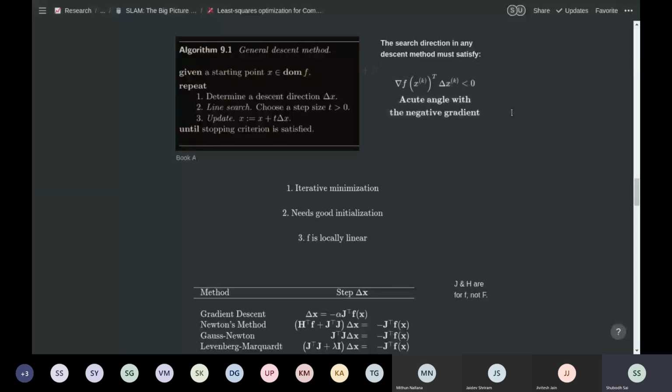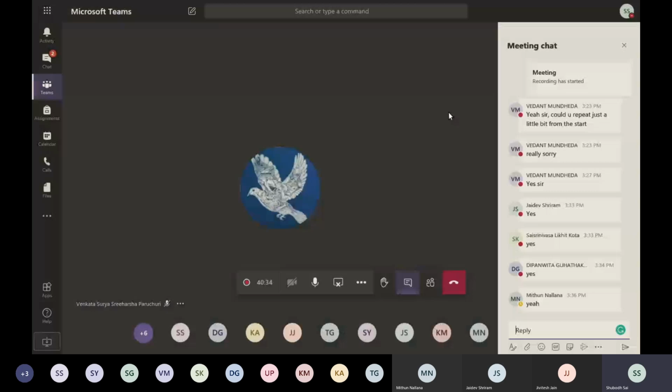Geometrically, this means you want to make an acute angle with the negative gradient. As long as you make an acute angle with the negative gradient, you will go in a descent direction. That's why we have lots of methods. So what does acute angle with negative gradient mean? Let us see.